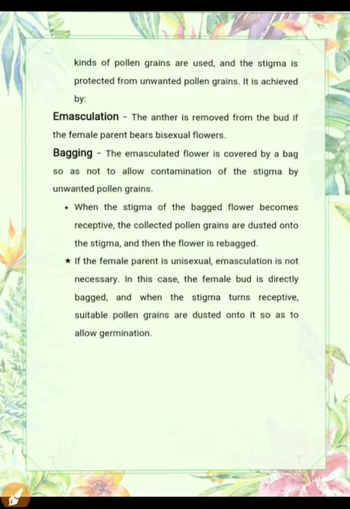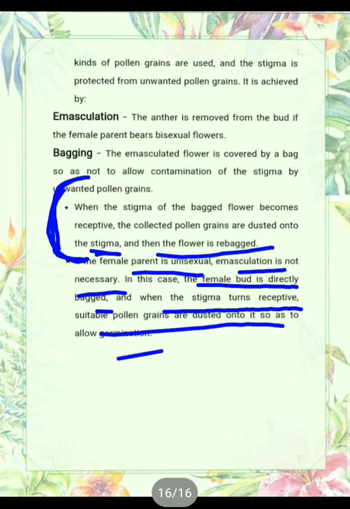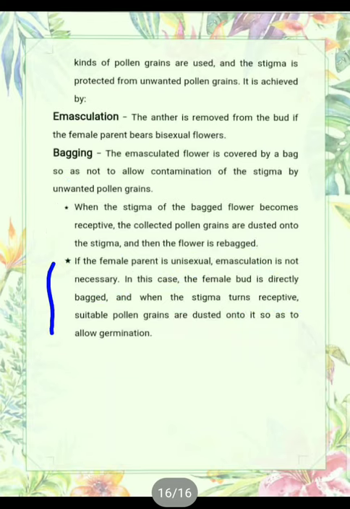The pollen grains of the desired type are dusted onto the stigma and the flower is rebagged. If the female parent is unisexual, this happens in the case of bisexual, but in the case of unisexual, means only one part grows, either male or female, in that case emasculation is not necessary because the anther is not growing there. In this case, the female bud is directly bagged, and when the stigma turns receptive, suitable pollen grains are dusted onto it so as to allow pollination. So this is for unisexual flowers and this one is for bisexual flowers.